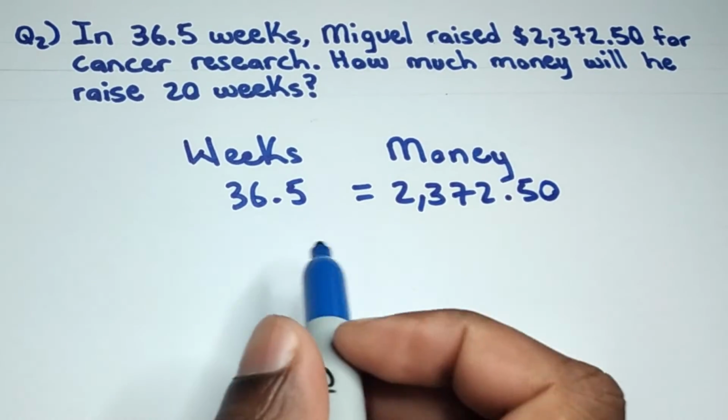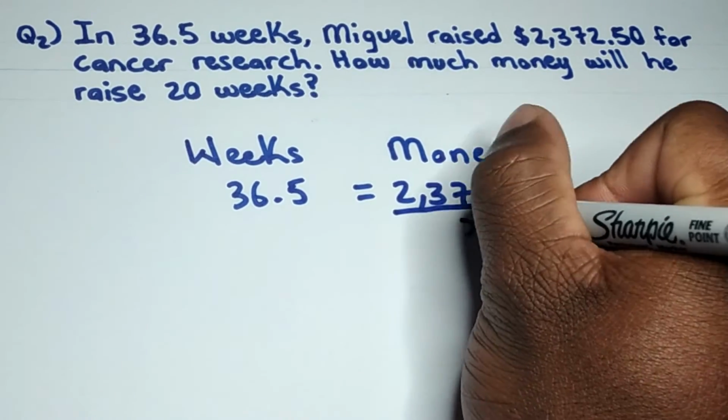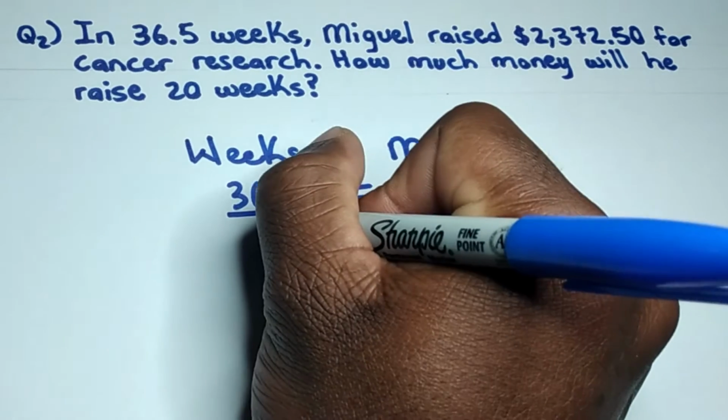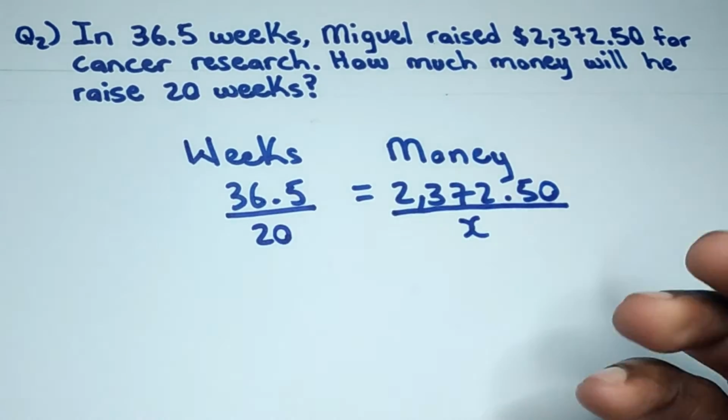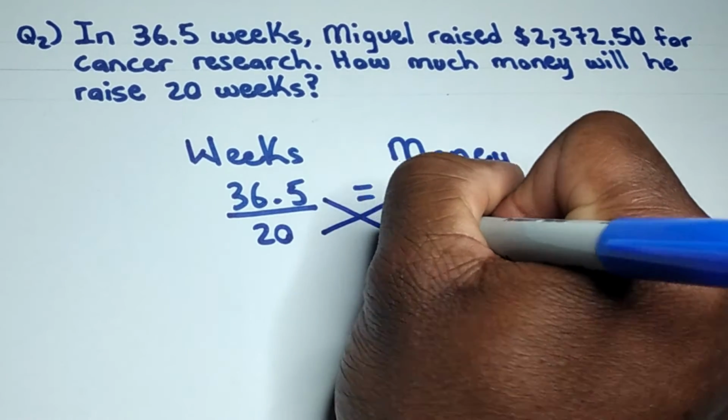All right, what we want to know now is how much money. All right, so we don't know the amount of money he'll make in a 20 weeks period. All right, and of course, being that this is a direct proportional problem, we can simply cross multiply.